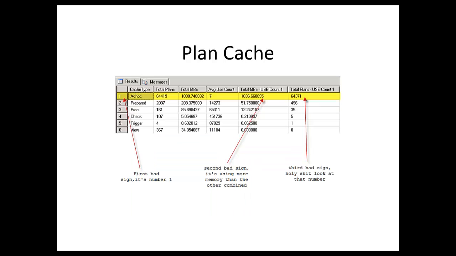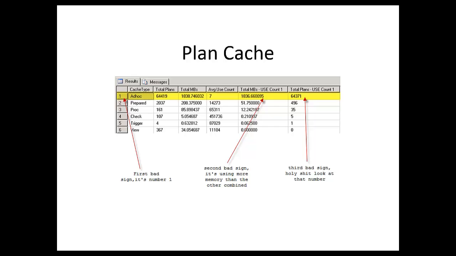So let's take a look at the plan cache from a highly transactional system. This is a third-party ISV application running on a pretty big box. What jumps out at us right away? We can see that the ad hoc, the single-use plans, are at number one. That's the first bad sign. Look at all those plans.